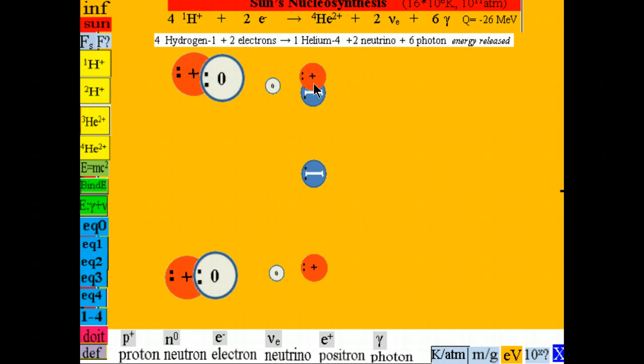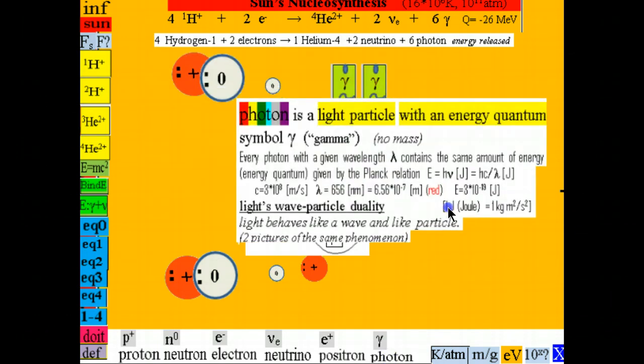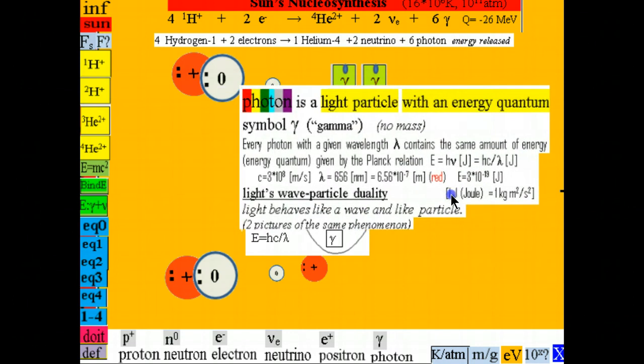Their masses totally disappear and they turn themselves into energy. I do this here by double clicking, and this energy is in the form of photons. If you don't remember photon, double left click on photon down here, and a photon is a light particle with an energy quantum, and the symbol is gamma and it has no mass. We have talked about that before.